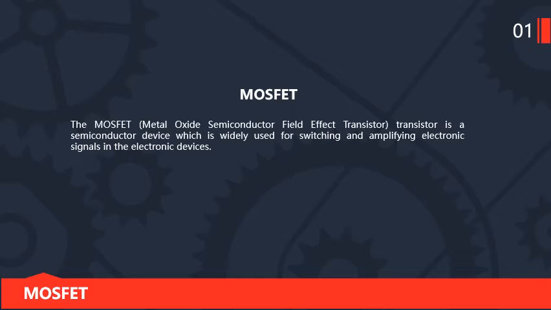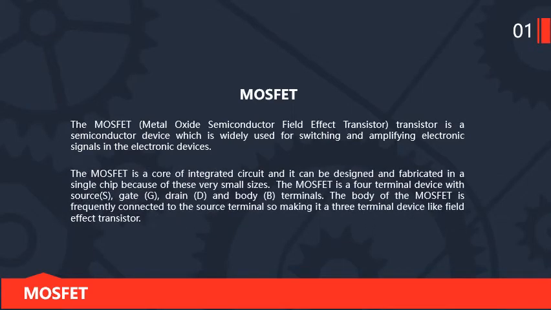The transistor is a semiconductor device which is widely used for switching and amplifying electronic signals in electronic devices. एक्चुअली BJT, MOSFET, FET इन सारी चीज़ों का यूज़ हम एज अ स्विचिंग और एज अ एम्पलीफायर की तरह करते हैं, जिससे कि हमें इलेक्ट्रॉनिक सिग्नल को जब एम्पलीफाई करना होता है तो हम इन डिवाइसेस का यूज़ करते हैं. ये सारे के सारे डिवाइसेस हम इलेक्ट्रॉनिक सर्किटरी में यूज़ करते हैं.